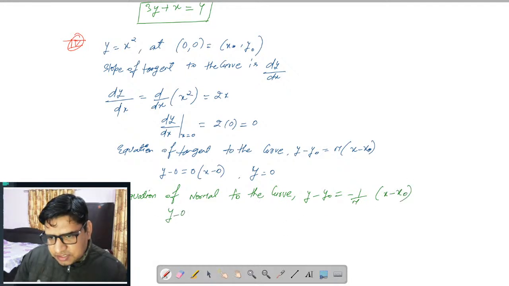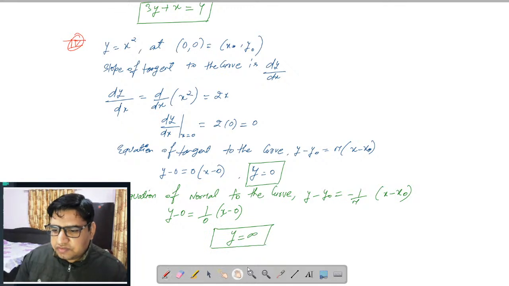So y minus 0 is equal to, dy by dx is 1 by 0, times (x minus 0). Okay, so x is equal to infinite, that is the equation of normal to the curve. Okay, so that is the equation of tangent to the curve, and this is the equation of normal to the curve.